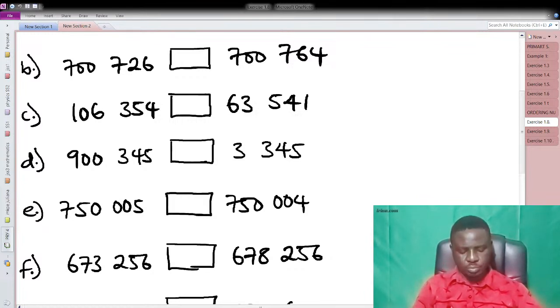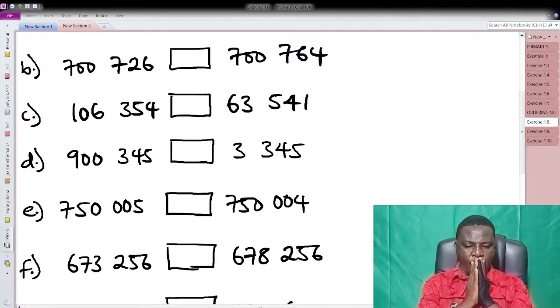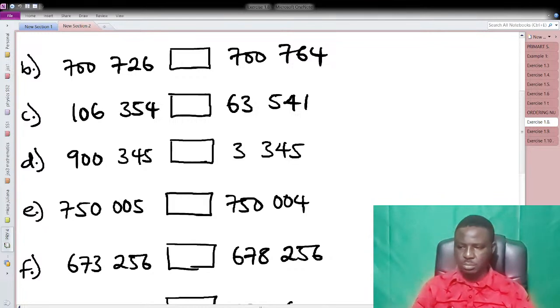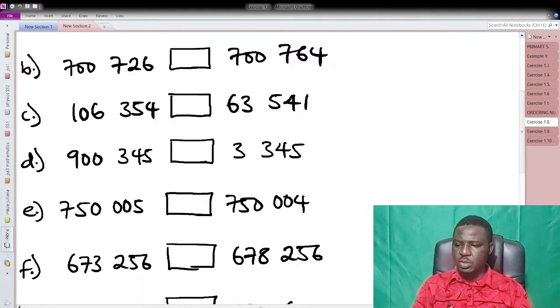That's good. What about C? Okay, C is greater.